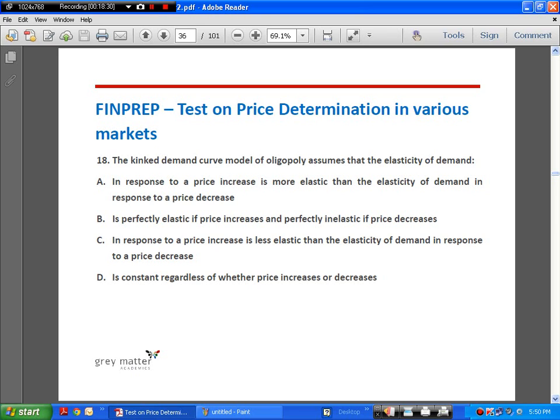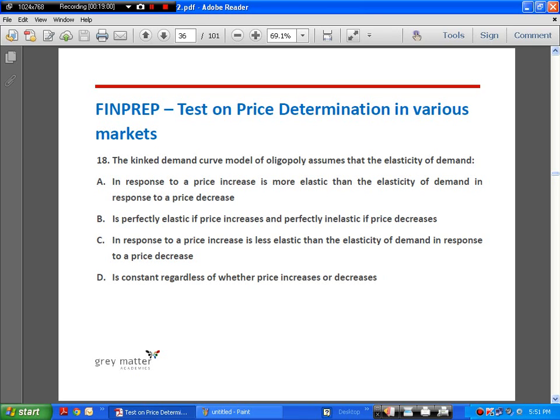On the other hand, when the firm follows a fall in price, a reduction in price, all other firms will be threatened in the market, because this particular firm which is reducing price will attract the customers or consumers of the other firms in the market. In other words, a fall in price will be copied by other firms in the market in order to sustain themselves.